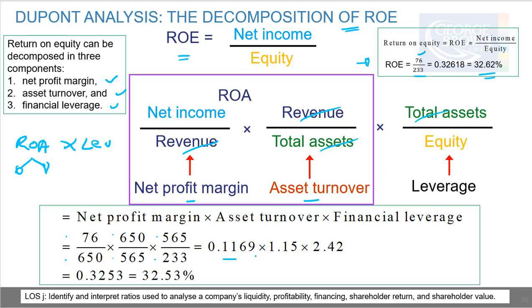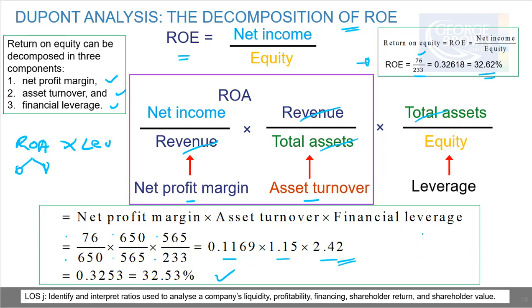That gives us 0.1169 times 1.15 times 2.42, and that gives us 0.3253, which is 32.53%. You can see it's a little bit different than my 32.62. That's just a little bit of rounding. When you're using 2 decimals versus 5, it's just going to give you a little rounding difference.